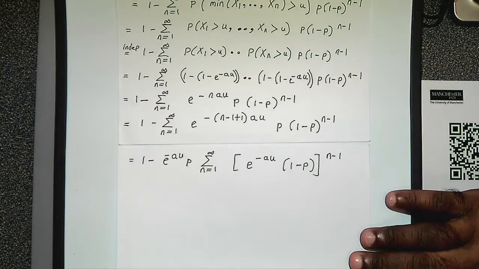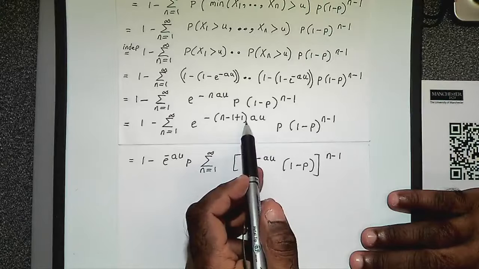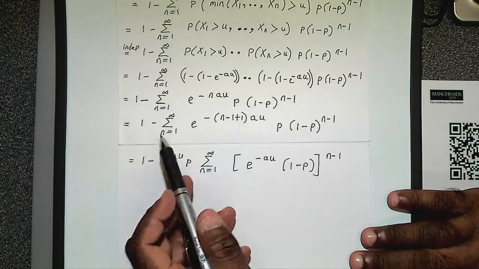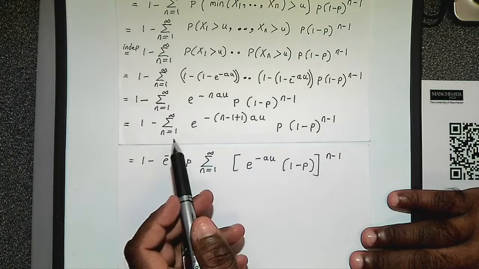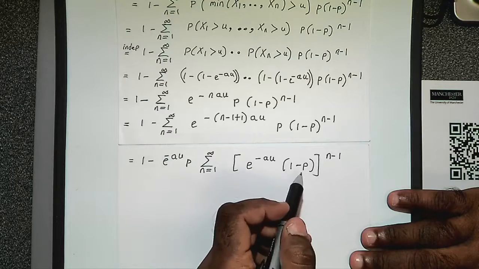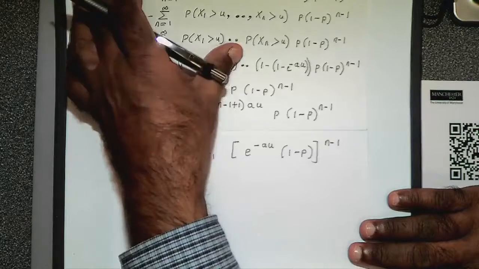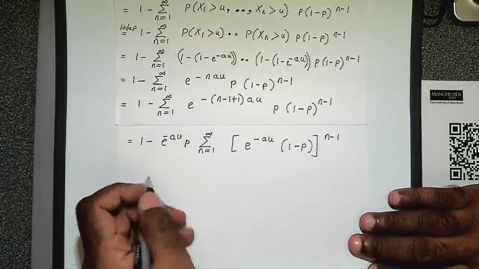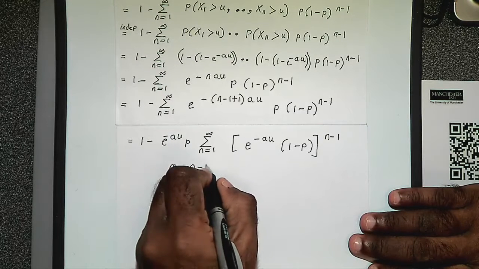You see what I've done. I've taken the last, there are three terms here. I've taken the last term outside of the summation, and also I've taken the p outside of the summation, so you end up with this. Right, now in the next step I'm going to make the substitution that m equals n minus 1.